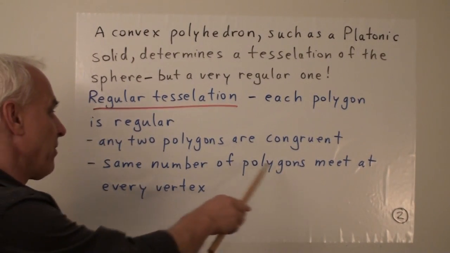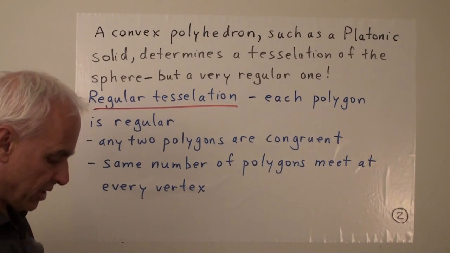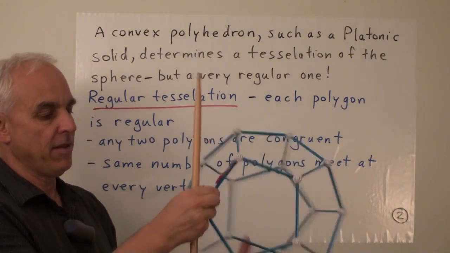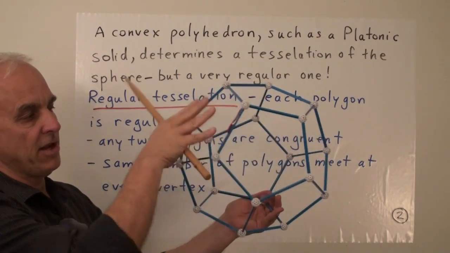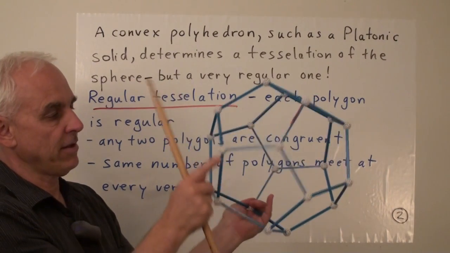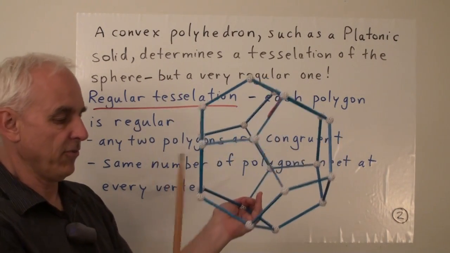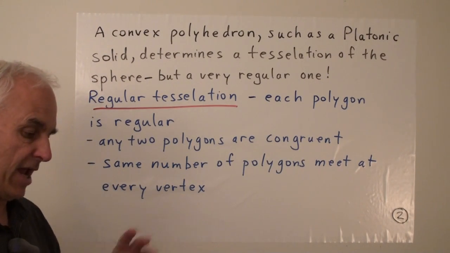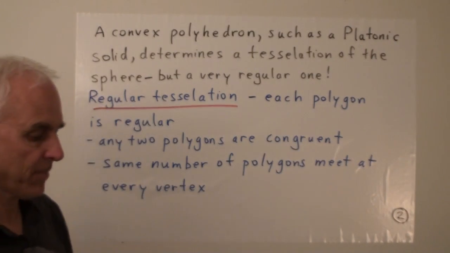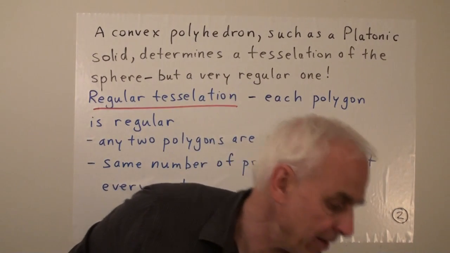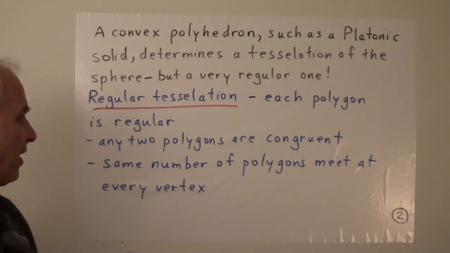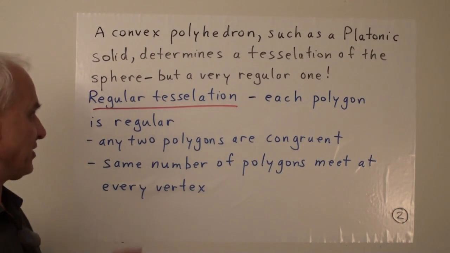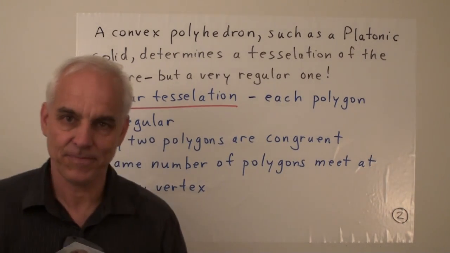And we want the same number of polygons to meet at every vertex. So in other words, we want every vertex to look the same. Here this vertex has 3 faces meeting it. This one as well, this one as well, and so on. So it's a kind of regularity, both of faces and vertices. The edges are automatically regular because they're always separating 2 faces, and we've agreed that all of the faces are these congruent polygons.